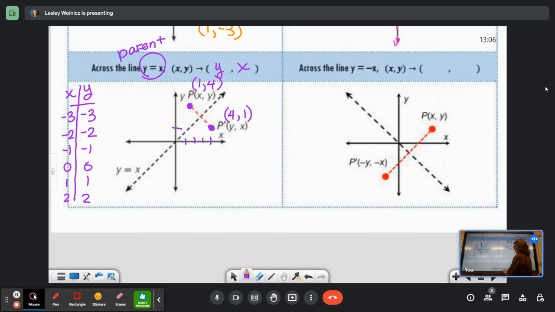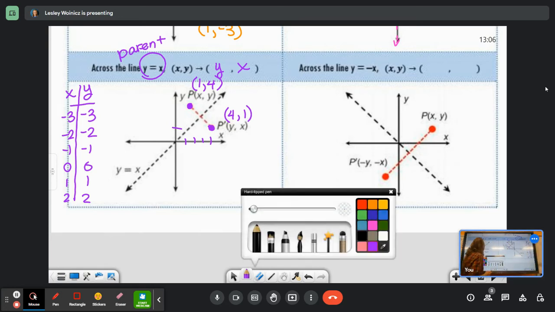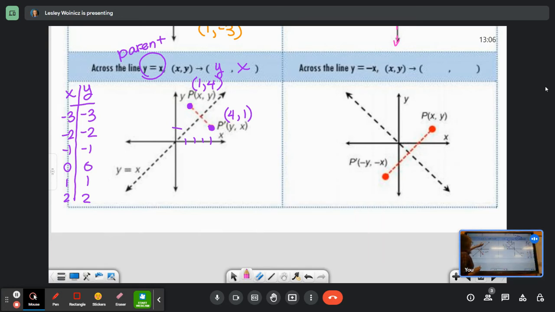Okay, last but not least, here we've got the line y equals negative x. It's just like our linear parent, except that it's got a negative slope. So we'll start with P. This looks like (4, 1).